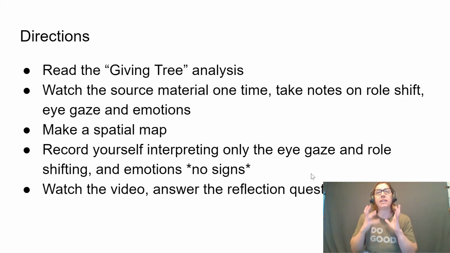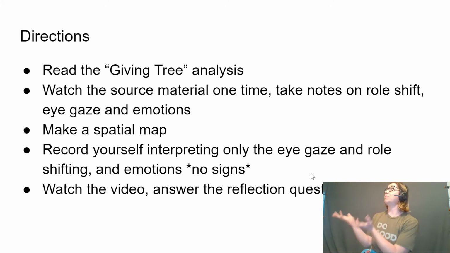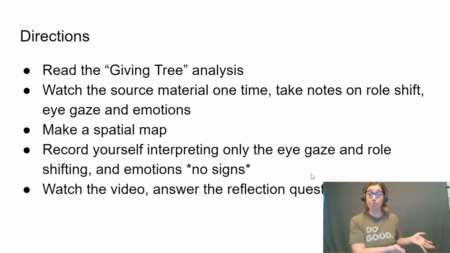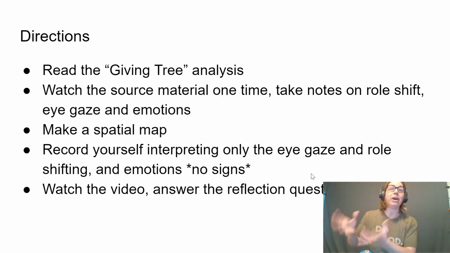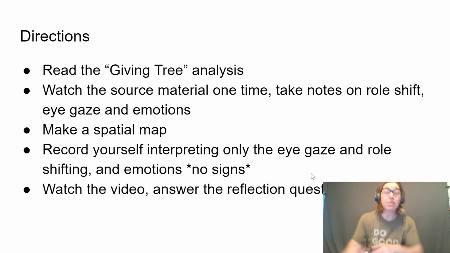This is what I really want to emphasize. So not only are you role shifting, as the boy looking up at the tree or as the tree looking down at the boy, but also you are adjusting your height because you're taking on this first person based on what you're seeing. Okay, so that's what I want you to take notes on.